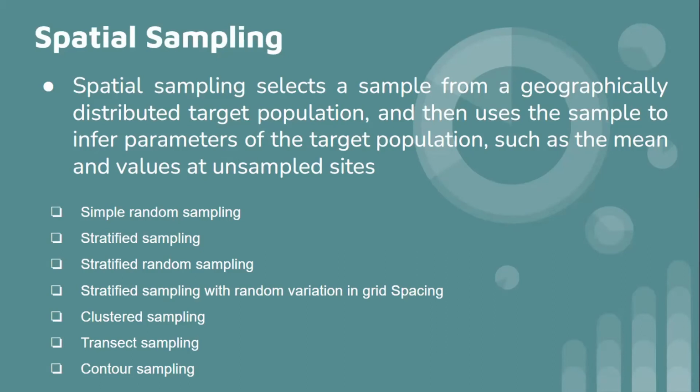And cluster sampling. Cluster sampling is, for example, if we have 25 districts in our country, then for inferential statistics, to understand the whole population, we randomly select 5 districts to analyze the whole country. And we have transect sampling and contour sampling. That is spatial sampling according to our observations. Thank you, that's the end of our presentation.